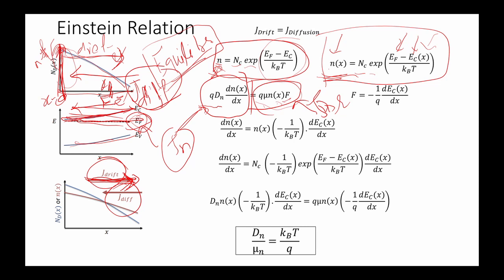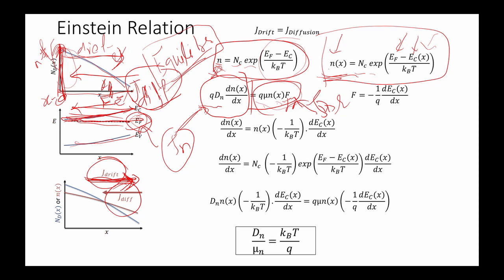This is not an external field, it is the internal field. Because of the concentration gradient, this field has been created, because at one place there are more electrons, at another place there are fewer electrons. Because of that, there is a field, in this direction, from positive to negative.